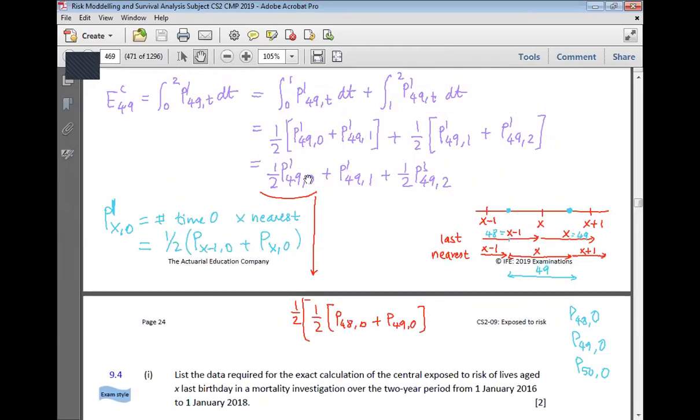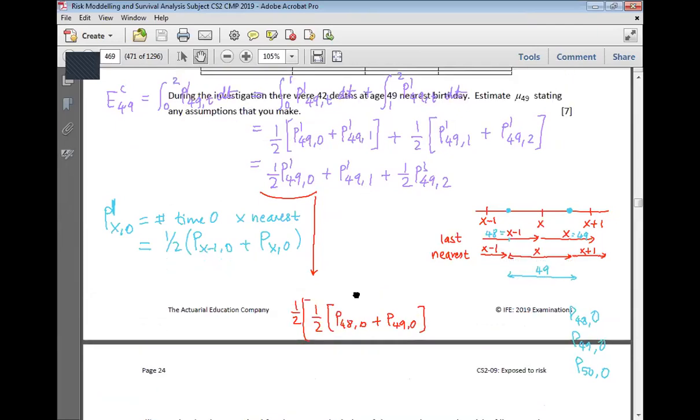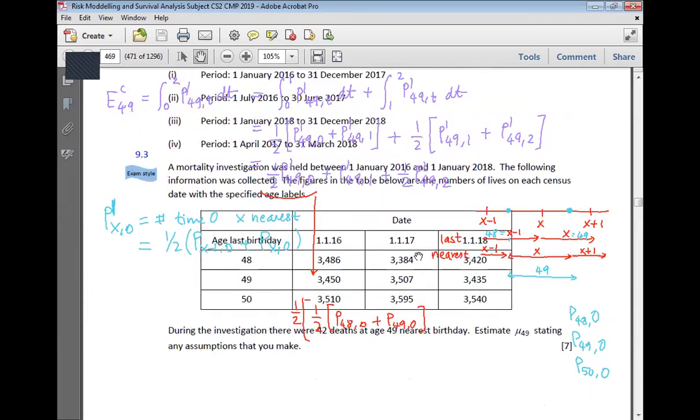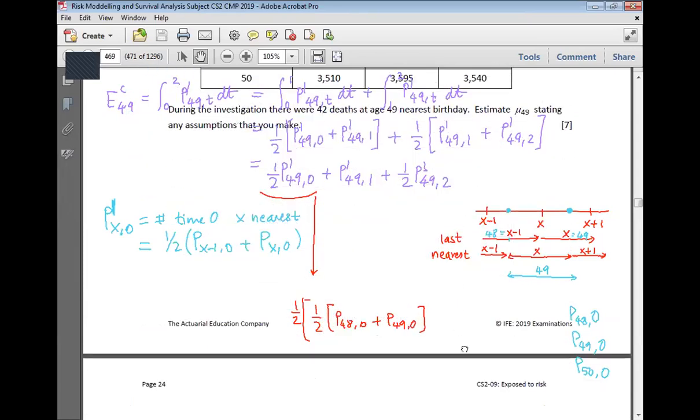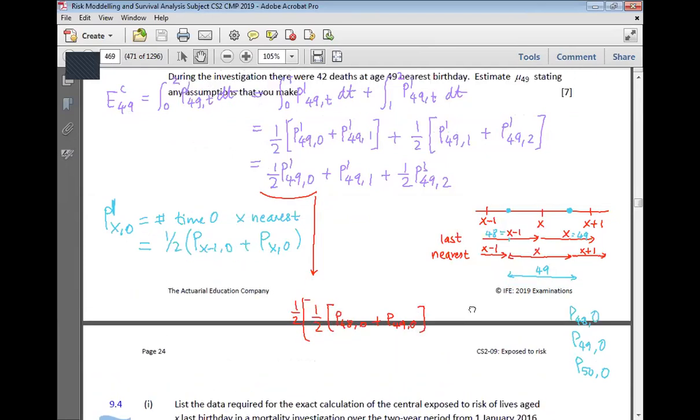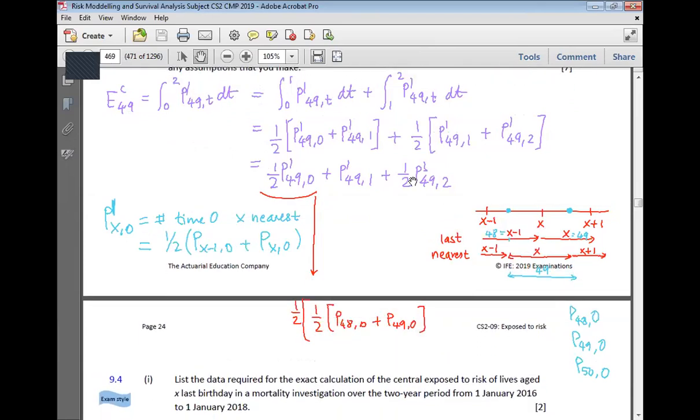The same thing is going to happen with this particular one here, P-49-1. So to figure out P-49-1, you will add up this number and this number. And to figure out P-49-2, you will add up this number and divide each of those by 2. And then every time you just have to substitute in these values and you will get your answer.